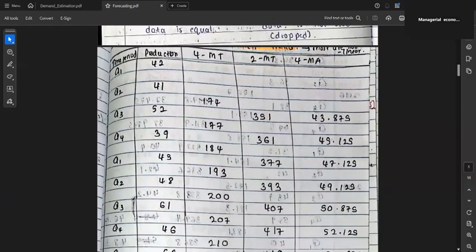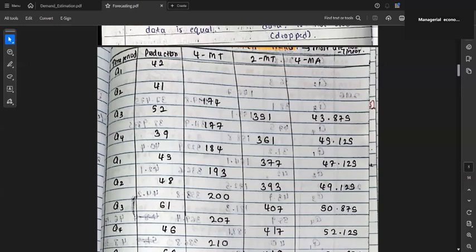So here's an example of a simple moving average technique being used. 4MT means 4-point moving total, 2-point moving total, and the moving average. So we can take an odd moving average value. If we have a 3-point moving average, we can go for 3-point.